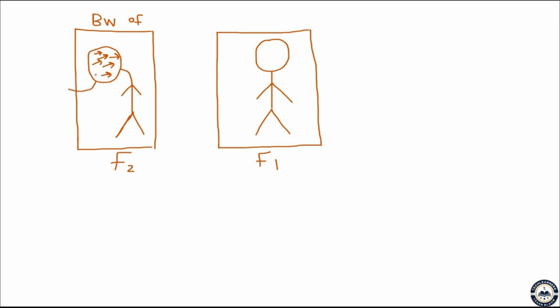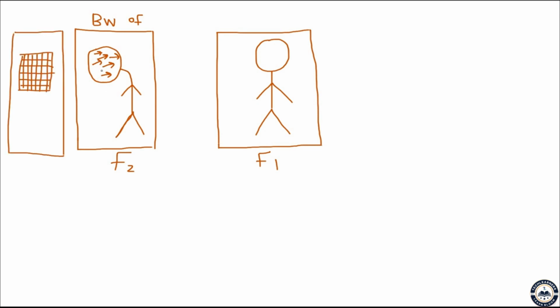Each pixel inside this head will have its own vector. When we add these vectors to this grid of the original locations, we will get a new grid of locations for the head. Let's say that this is our new grid of locations.